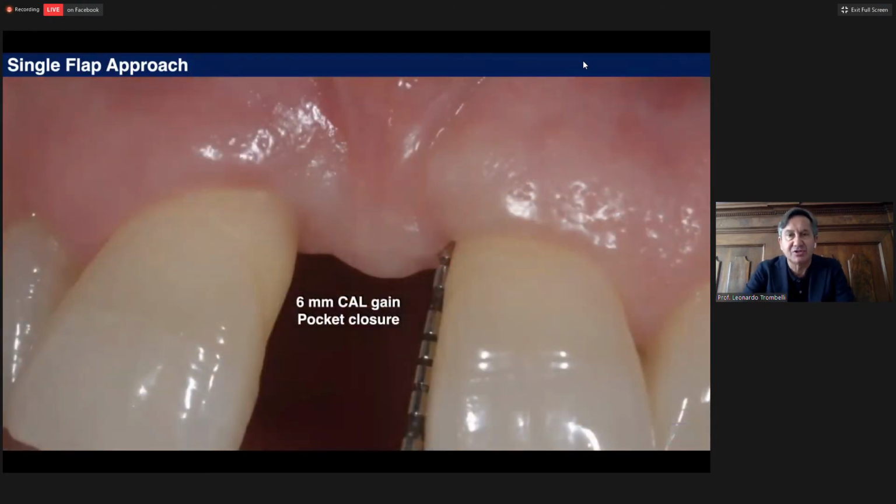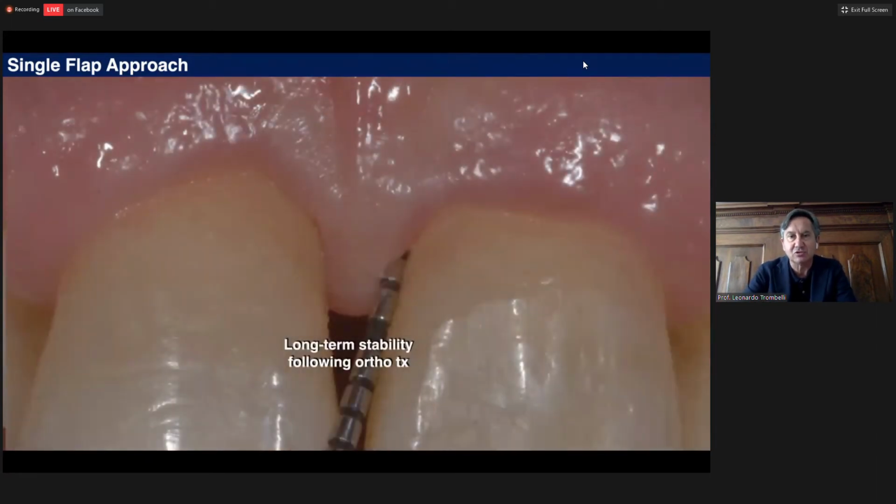And this is the result. At 6 months, you see the pocket closure, 3 millimeters of residual probing depth, associated with 6 millimeters of clinical attachment gain. This will give us the possibility also to move the teeth orthodontically to provide better aesthetics to the patient. You see the long-term stability following the orthodontic treatment.